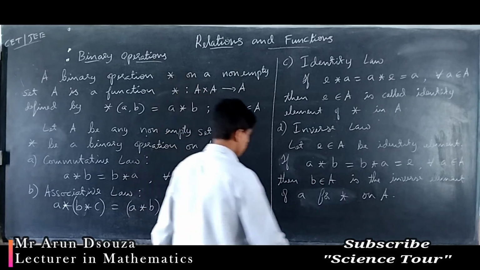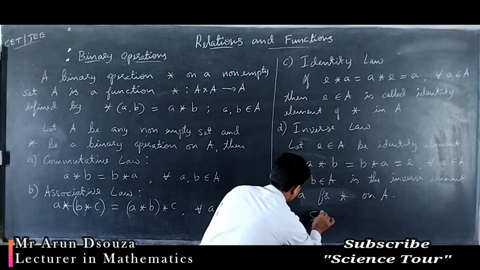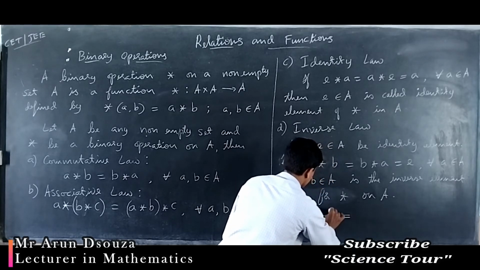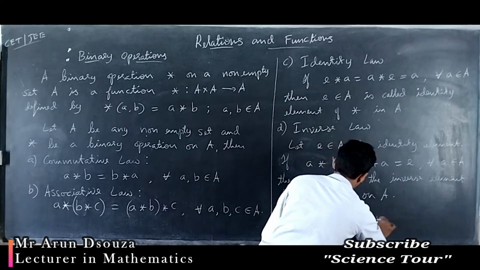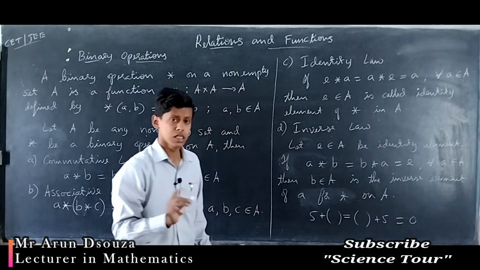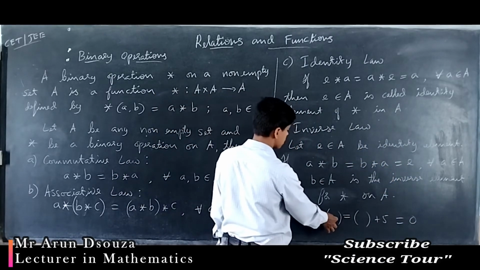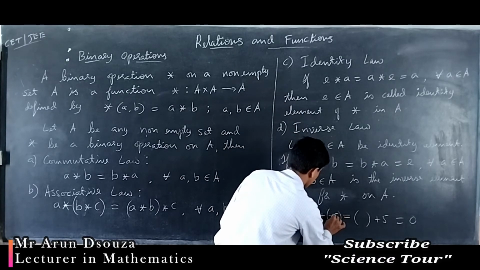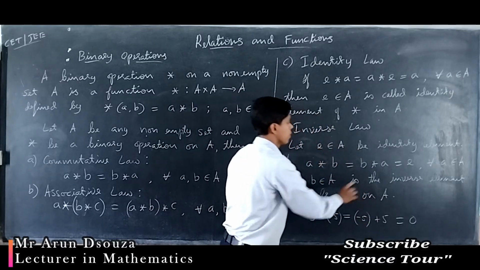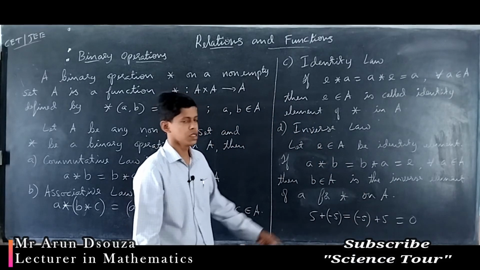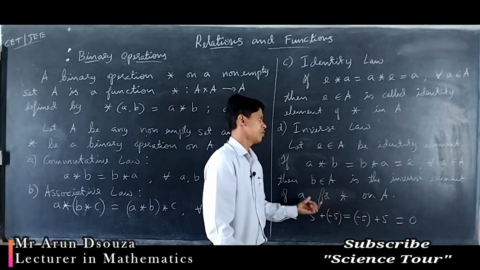Well, to give an example, see if you have element 5 and you are talking about addition, and that must be equal to the identity. What is the identity for addition? 0. Then what is the inverse of 5? That will be minus 5. So minus 5 is the inverse of 5.